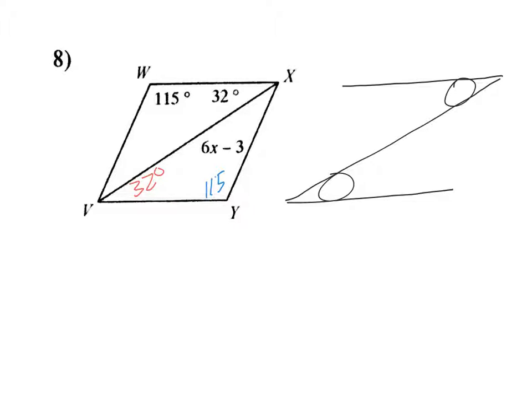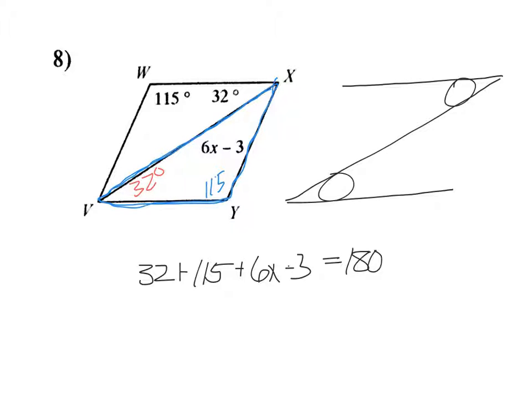Now, I'm going to take out this triangle, which is right here. Why am I going to use this triangle? Because in a triangle, what do we know about all the angles? They have to equal 180. So if I take 32 plus 115 plus 6x minus 3, all that has to equal 180. So I combine like terms. 32 and 115 would be 147, minus 3 would be 144.